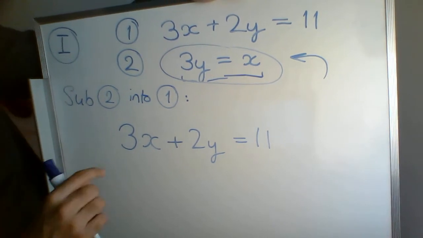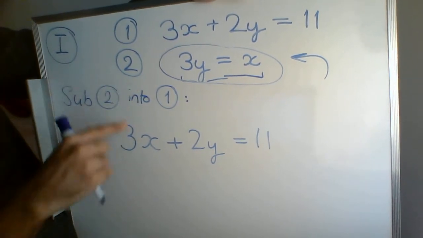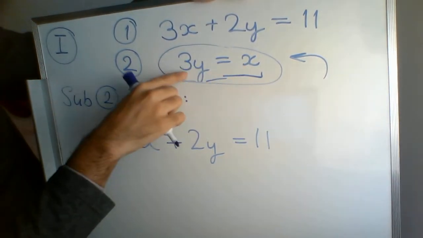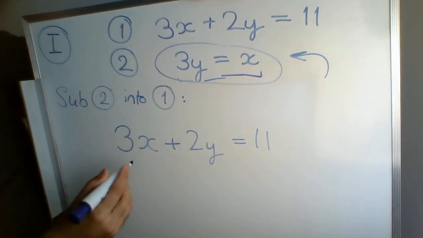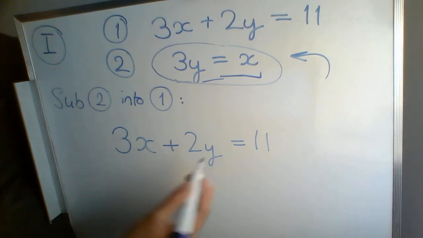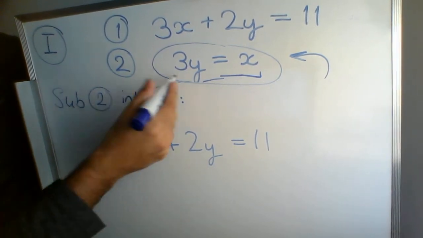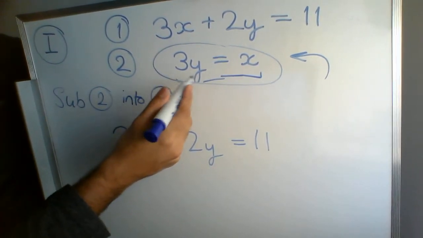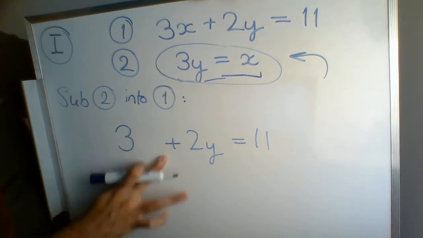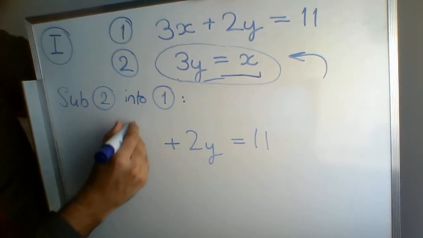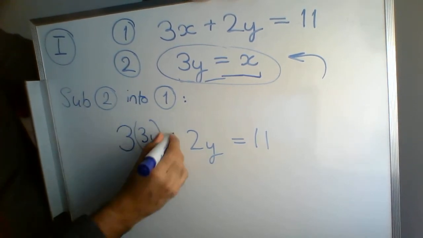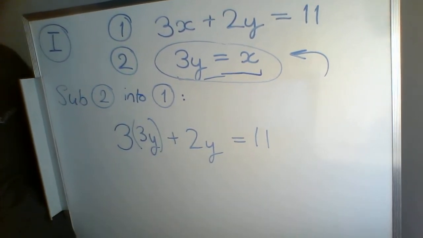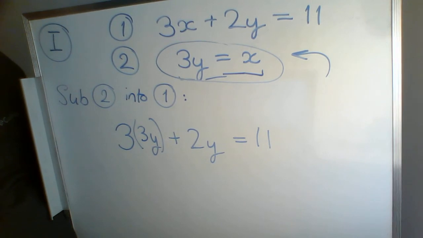The subbing in comes right now: we know x is equal to 3 times y, or 3y. So anywhere I see an x down here, I'm going to get rid of it, and I'm going to replace it with what x is equal to, which in this case is 3y. So here, instead of getting 3x, I'm going to have 3 times 3y plus 2y equals 11. Alright, hopefully that's making sense.